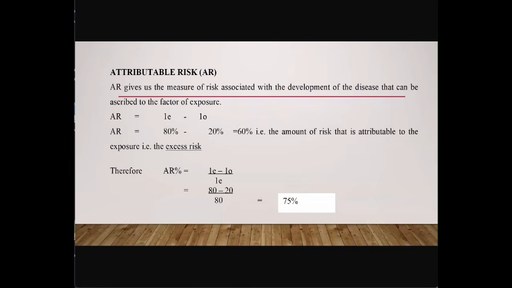Then there's a concept called attributable risk. Attributable risk gives us the measure of risk associated with the development of a disease that can be ascribed to the risk factor. Take for instance, somebody can be exposed to disease because he contracted cement dust.